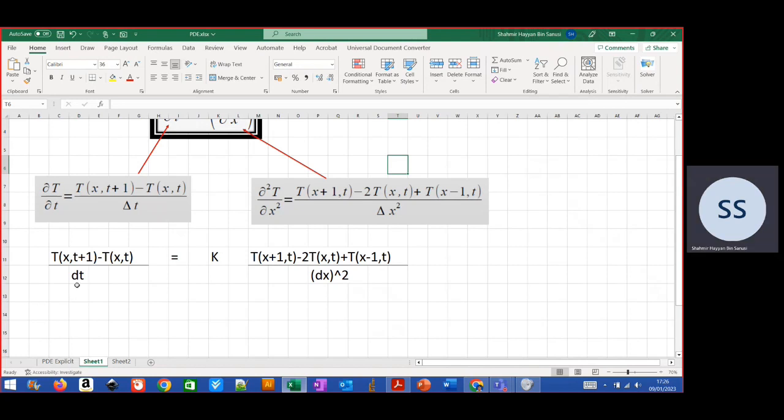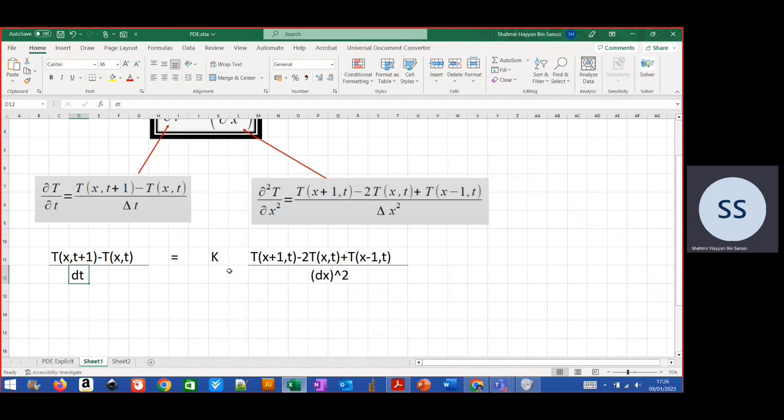Next, we don't want any denominator on the terms of T x, T. So we bring this to the right, it will be k delta t.